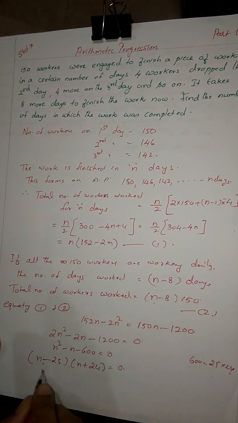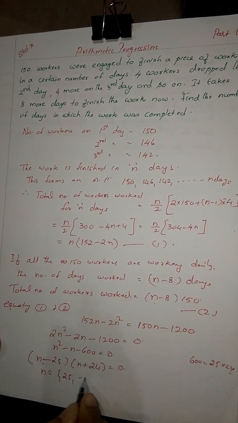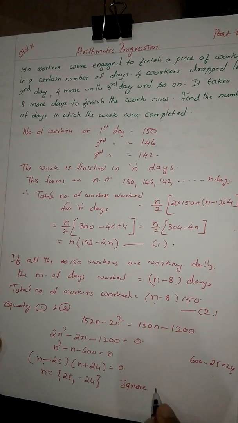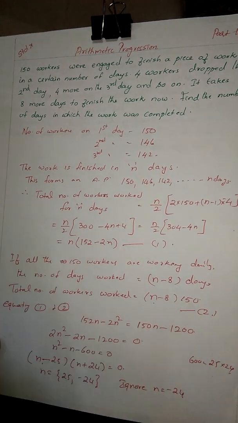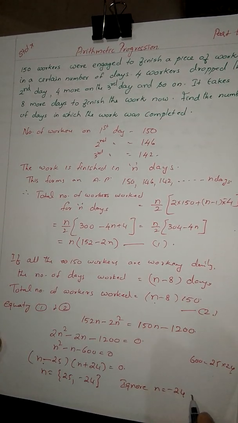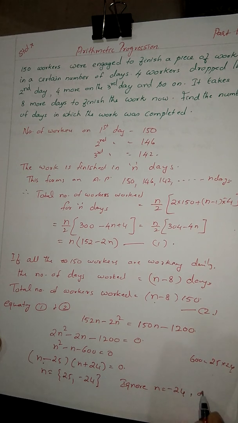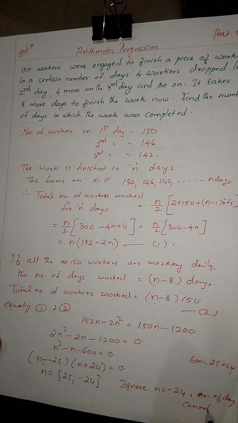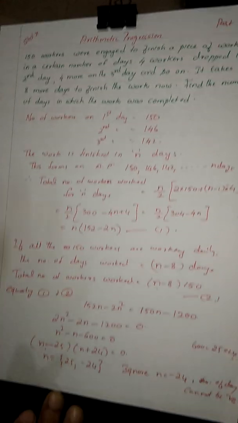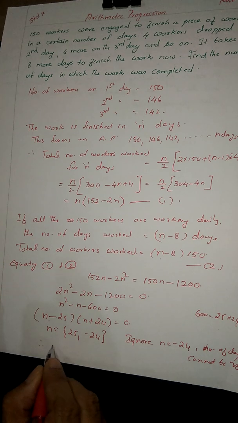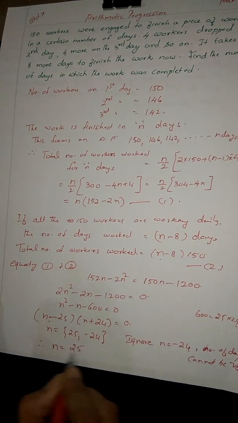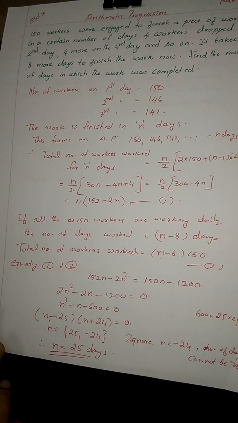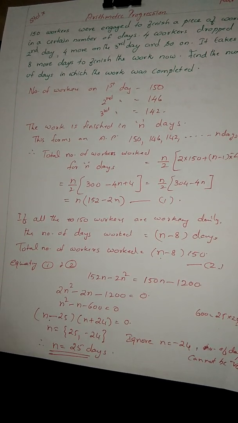From which you get n is equal to 25 or minus 24. So ignore n is equal to minus 24, because n is a number of days and the number of days cannot be negative. Therefore, n is equal to 25. The work was completed in 25 days.